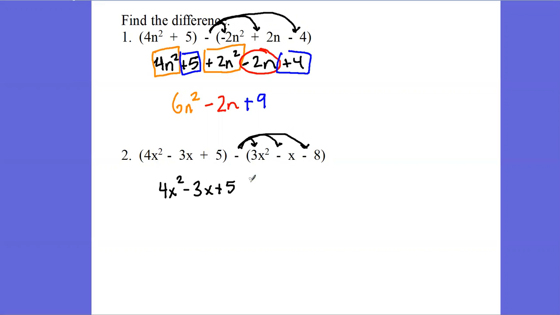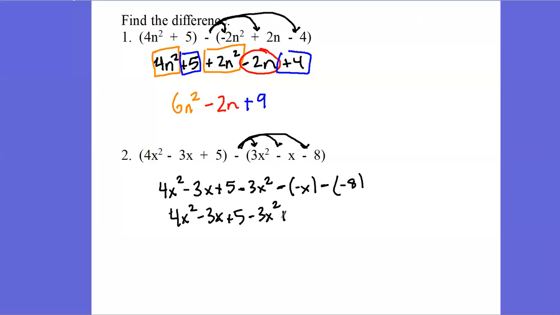So we are subtracting this 3x squared, and we are subtracting negative x, and we are subtracting negative 8. And when I subtract a negative, that's the same as just adding a positive, so I'm going to rewrite this as 4x squared minus 3x plus 5 minus 3x squared plus x plus 8.